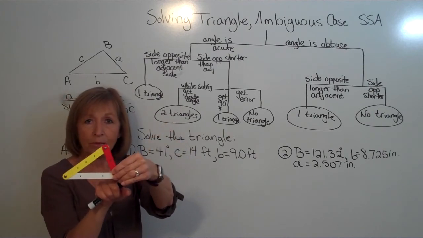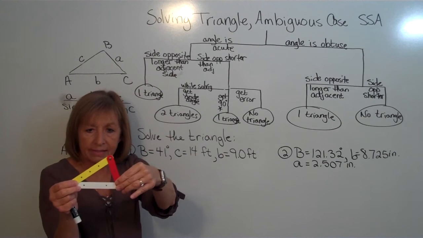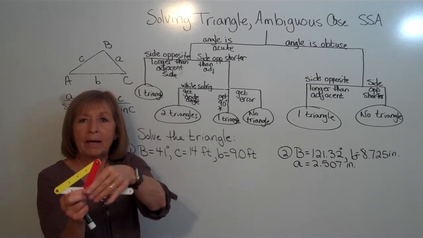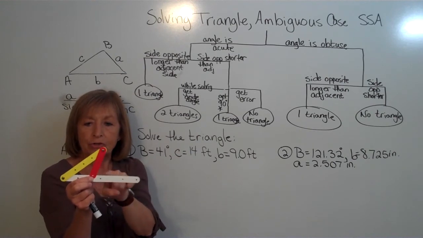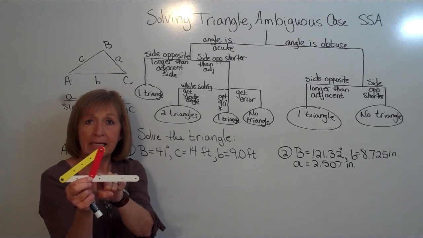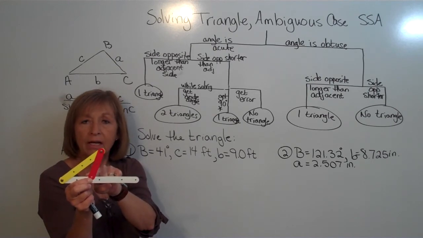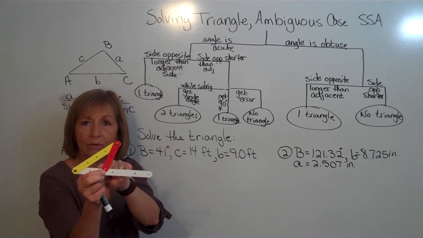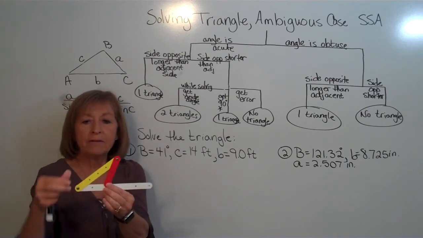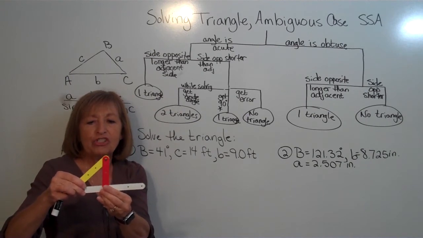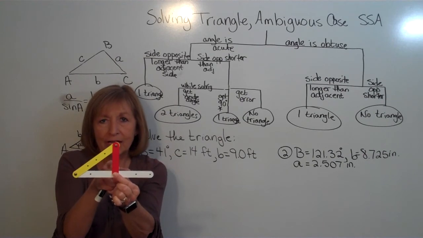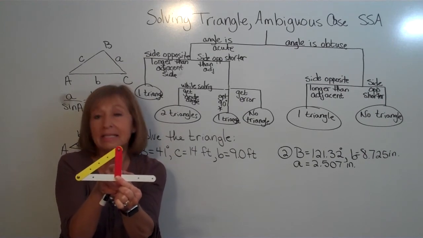The first one I get will be this acute angle, and for the second one I have to think about taking the straight angle here, subtracting off the angle that I have in that isosceles triangle, and 180 degrees minus that would be the angle here for the second triangle, and then solve that one.